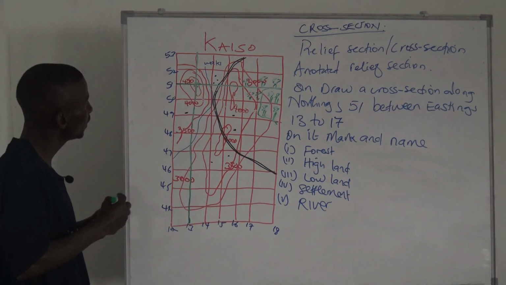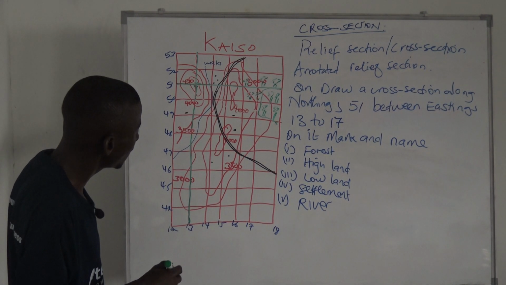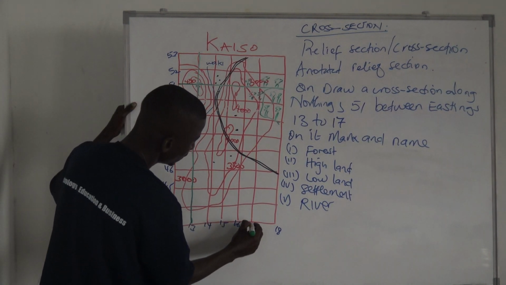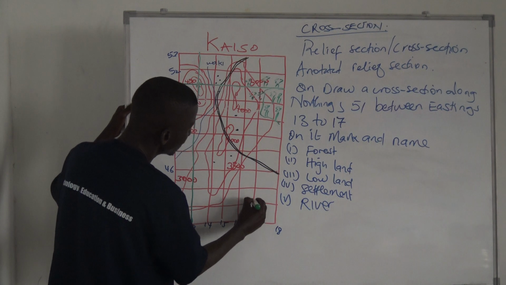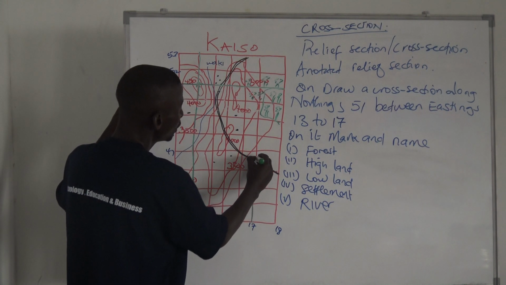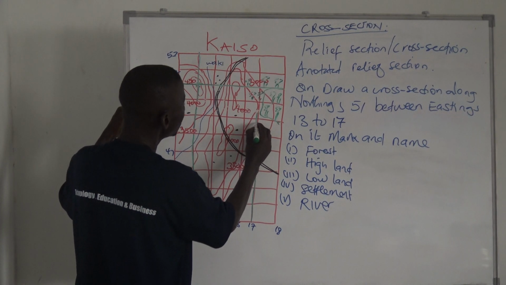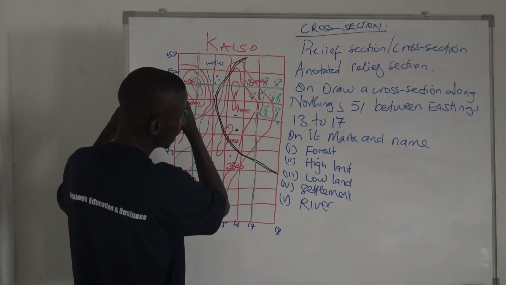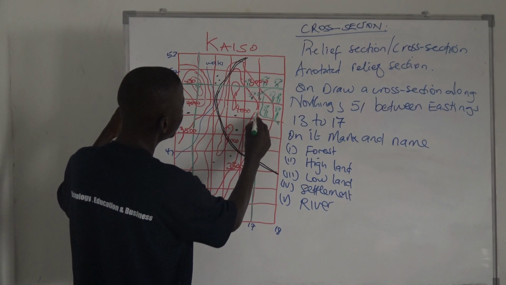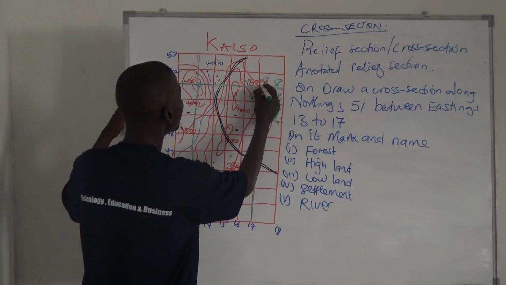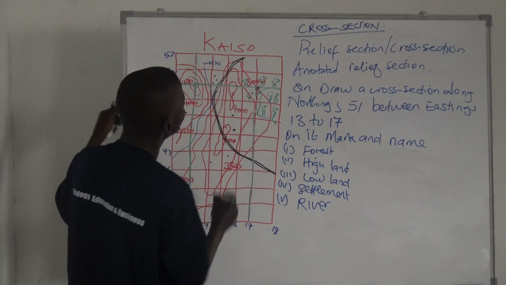Then after line 13, another line is called up to line 17. This is our line 17. We go with it until we meet northings 51. So it is that they are meeting at that point.